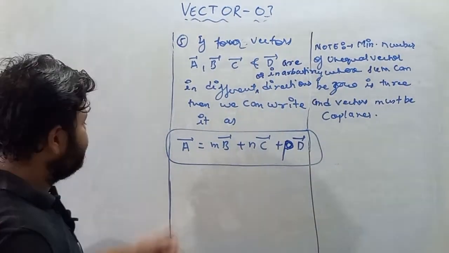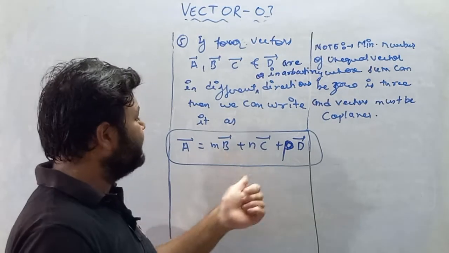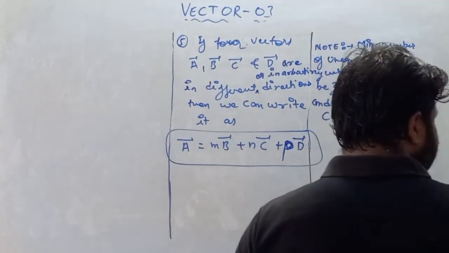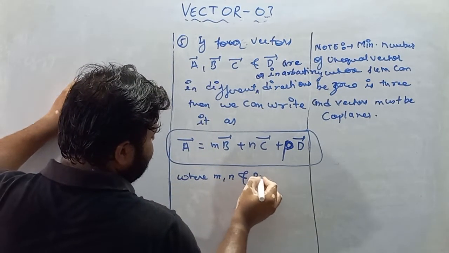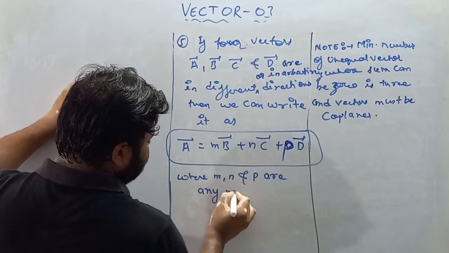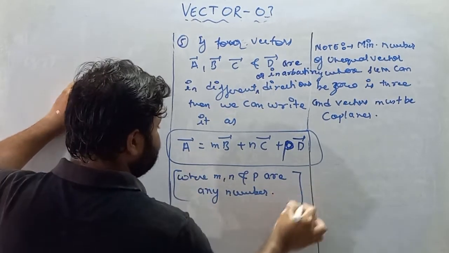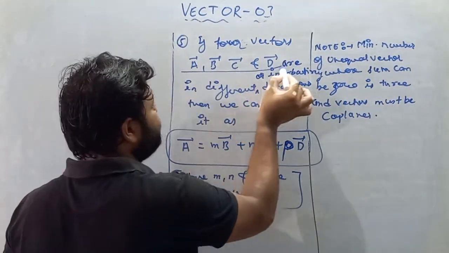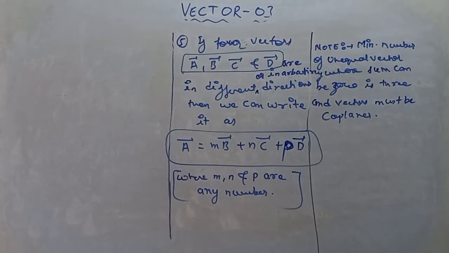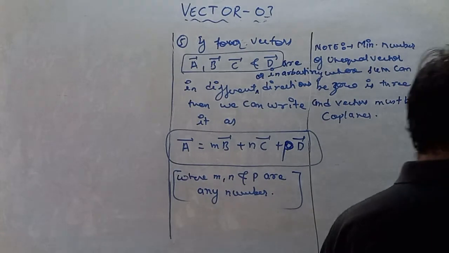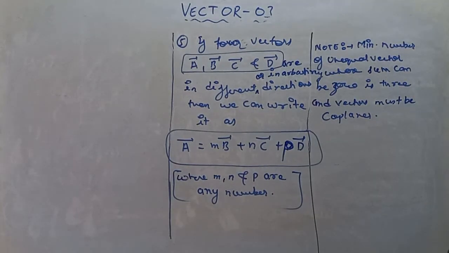Then we can write A vector is equal to M B vector plus N C vector plus P D vector, where M, N and P are any numbers. So remember, my dear student, if we have 4 vectors, we can write it like this, where M, N and P are any numbers.